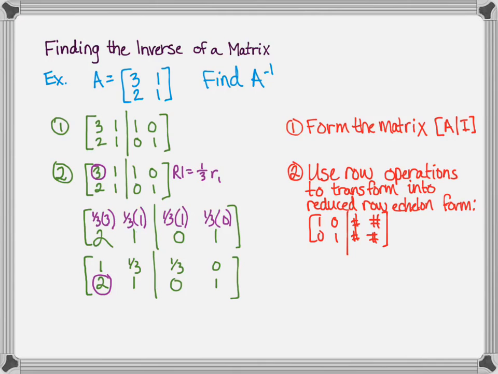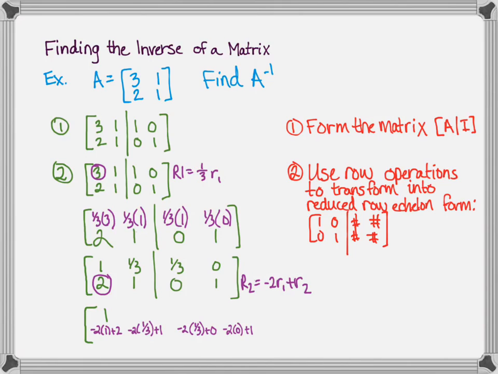Okay, next we want to turn this 2 into a 0. And we can do that by multiplying the first row by -2 and adding that result to the original row 2. So my new row 2 will be -2 times 1 plus 2, -2 times 1/3 plus 1, -2 times 1/3 plus 0, -2 times 0 plus 1.